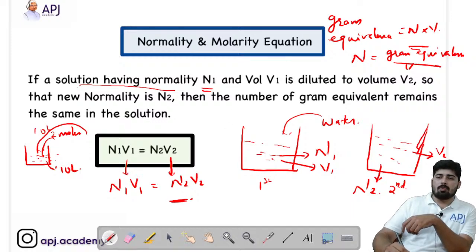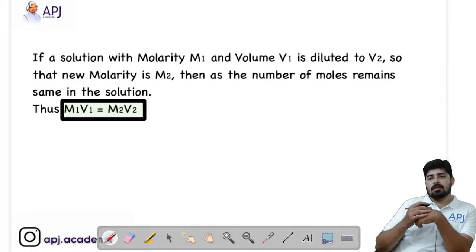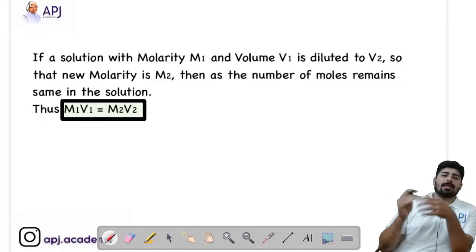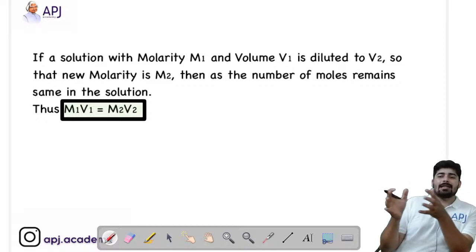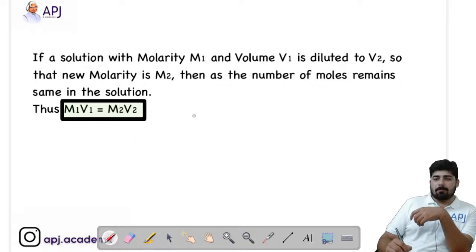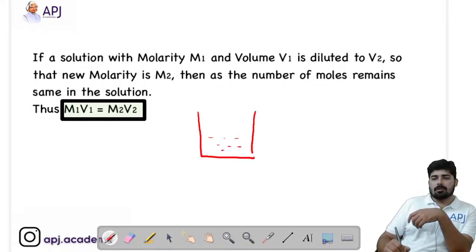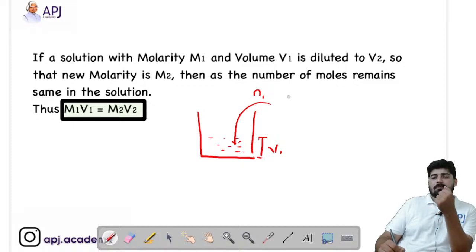Okay, now we will move on to the next one. Similarly, we can relate the molarity and volume equation. Here, I have a solution with a certain volume V1, and I have added a certain number of moles of solute. So let's see, N1 moles of solute is added.